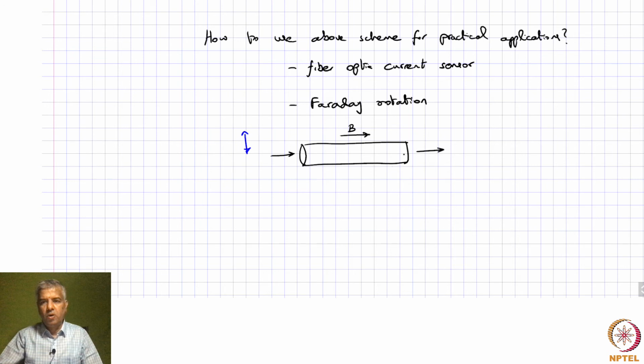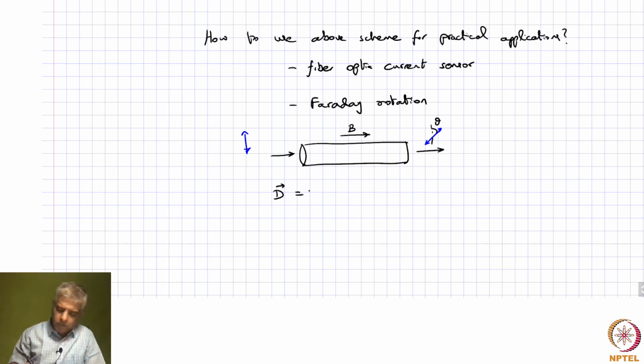It can end up changing the polarization state under the influence of this magnetic field. So your output polarization might be tilted with respect to the input polarization under the influence of this magnetic field. And this is actually described by the displacement vector.